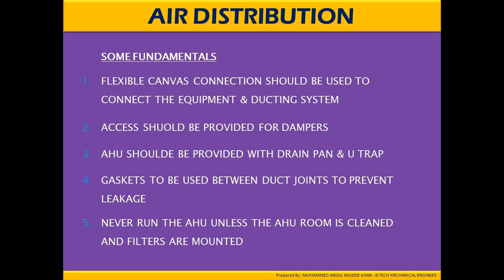Flexible canvas connections should be used to connect the equipment and ducting system. Access should be provided for dampers. Air handling unit should be provided with drain and U-traps. Gasket to be used between duct joints to prevent leakage. Never run the air handling unit unless the air handling unit room is clean and filters are mounted.